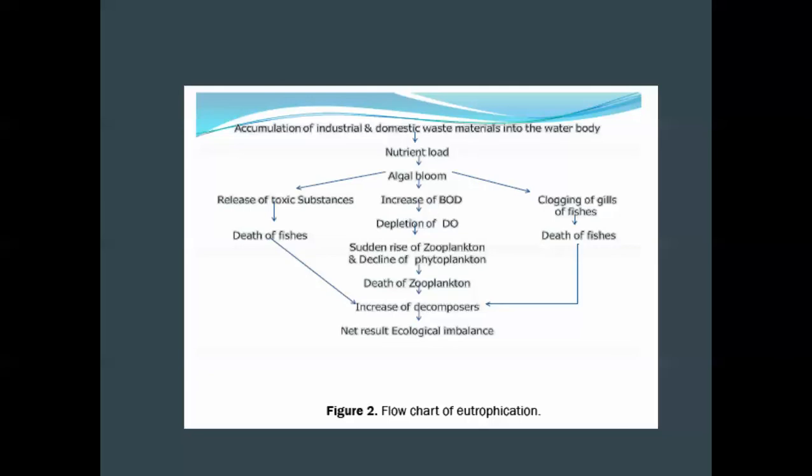Now, because of all this algae and their decomposition, the oxygen is used up, and so we have a depletion in dissolved oxygen. As the depletion of dissolved oxygen occurs and the algae begin to break down, suddenly you have zooplankton coming in to eat all of these things. Well, the problem with that is the zooplankton also die off, and as they die off, they also decompose and they use up even more oxygen.